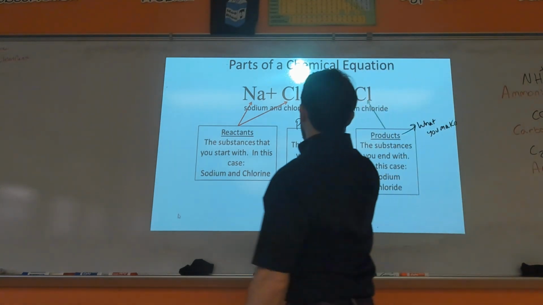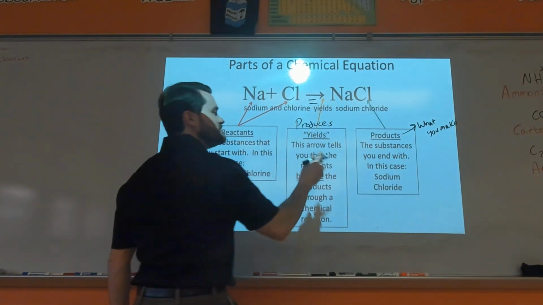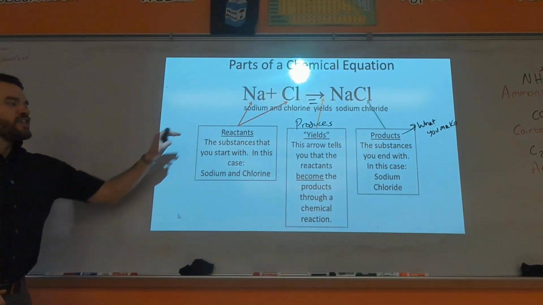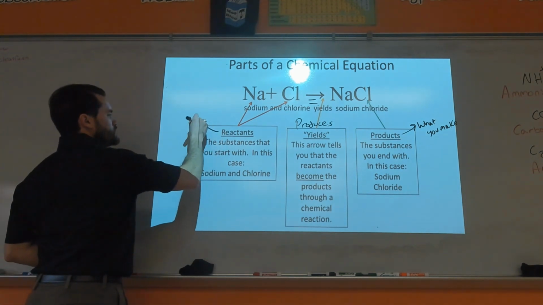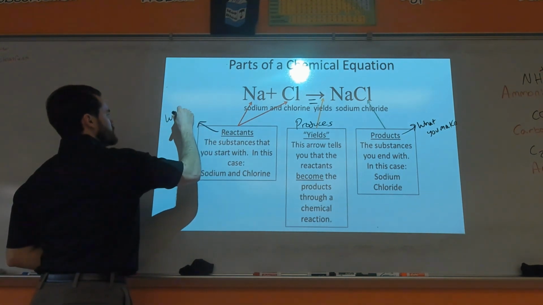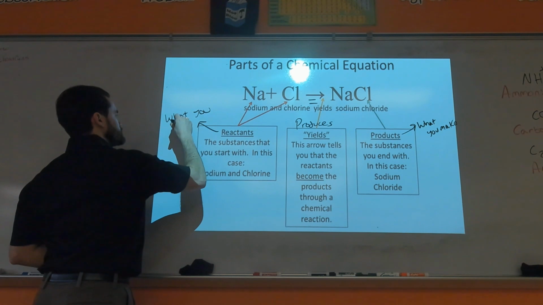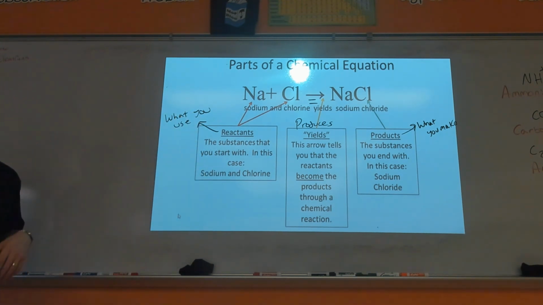You can think of the arrow sort of like an equal sign. And then the reactants are what you're using. So in this case, what we're making is sodium chloride, table salt. To make table salt, what you use is sodium plus chlorine.